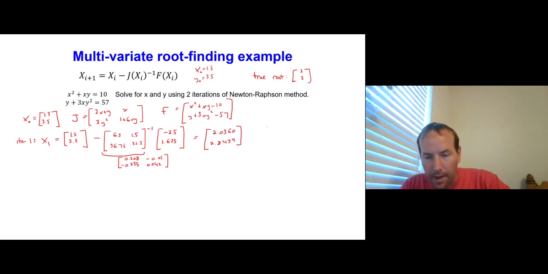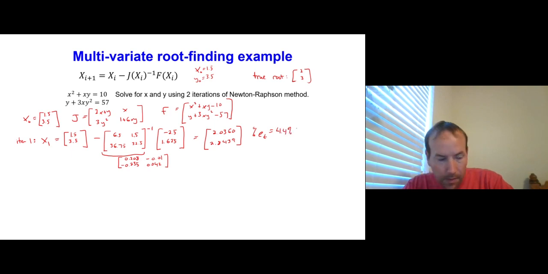Notice that the true percent error is not going to be very big because it's already pretty close to 2 and 3. The true error on this is 4.4%. Actually, sorry, let me back up and say that because these are vectors, we use a different formula for true error.